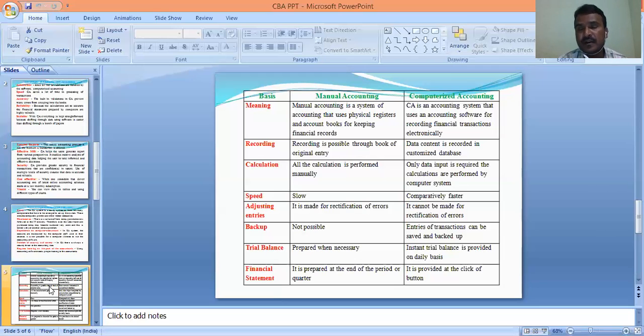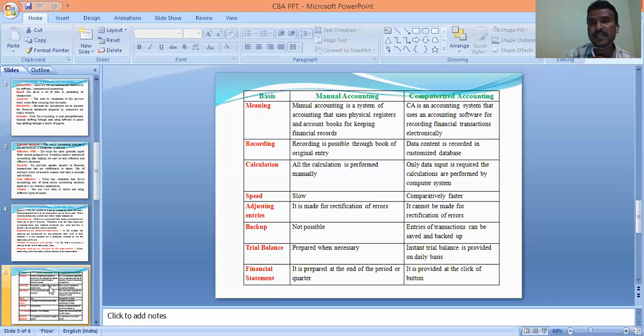So once we enter the transaction, the accountant's duty is over. Whatever ledgers we need, the computer itself prepares, and the trial balance also the computer itself prepares. That is a beautiful facility available. Next, financial statements. They are prepared at the end of the period, basically within one year.